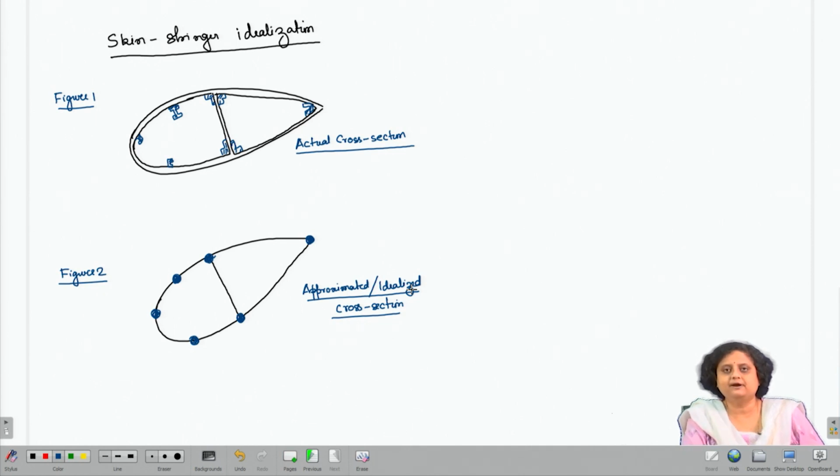So, the first figure is the actual cross section of an aircraft component.